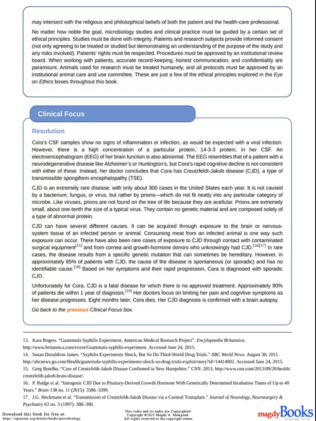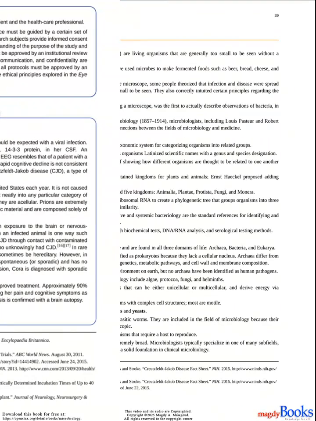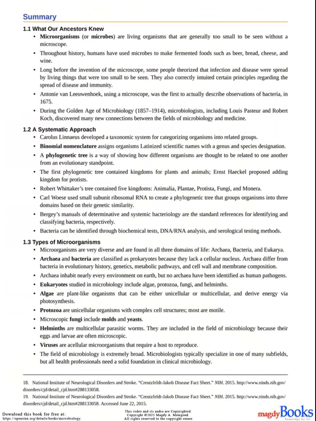Iatrogenic CJD due to pituitary-derived growth hormone with genetically determined incubation times of up to 40 years. Brain 138, No. 11, 2015, 3386 to 3399. Note 17. J. G. Heckman et al. Transmission of Creutzfeldt-Jakob disease via a corneal transplant. Journal of Neurology, Neurosurgery and Psychiatry 63, No. 3, 1997, 388 to 390. Note 18. National Institute of Neurological Disorders and Stroke. Creutzfeldt-Jakob disease fact sheet.